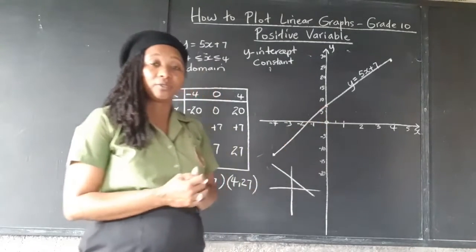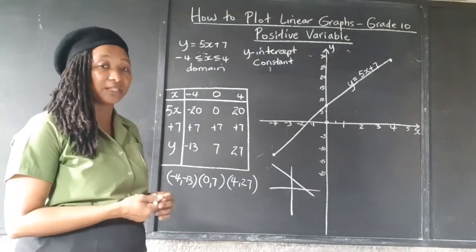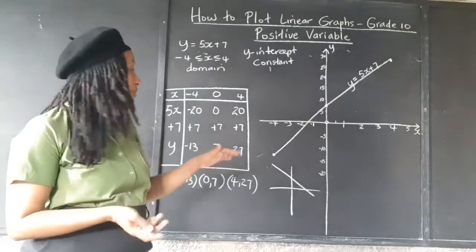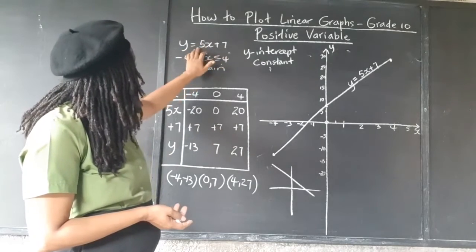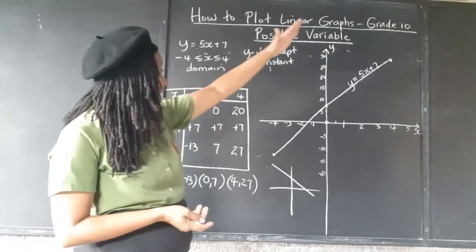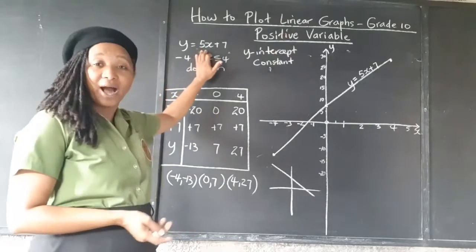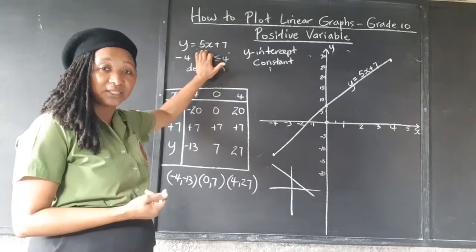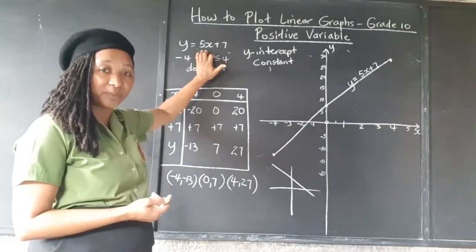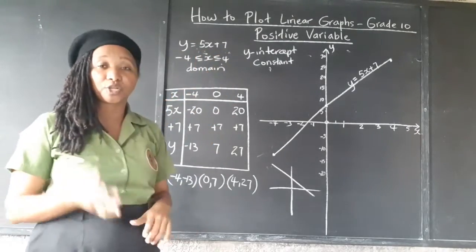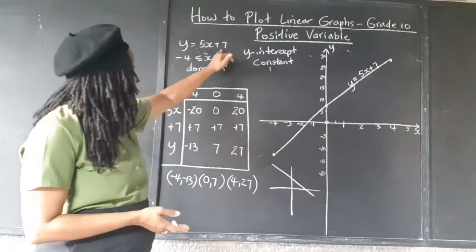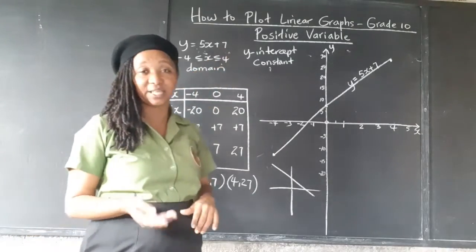So you can know a couple of things just by looking at your equation even before you plot it. Just looking at this, I know how my line would be inclined. It's going to be inclined that way because I have a positive coefficient in front of my x term, in front of my variable. I also know where the line should cut the y-axis. It should cross the y-axis at positive 7.